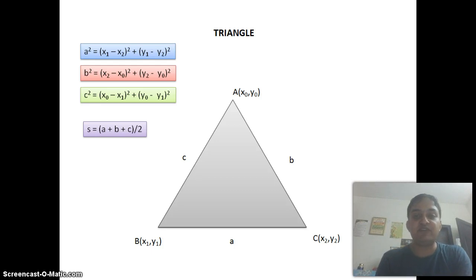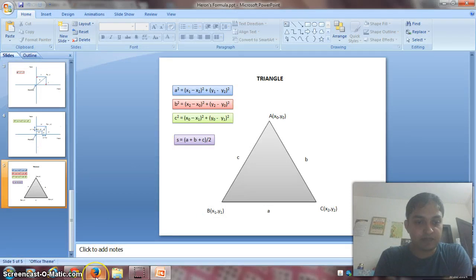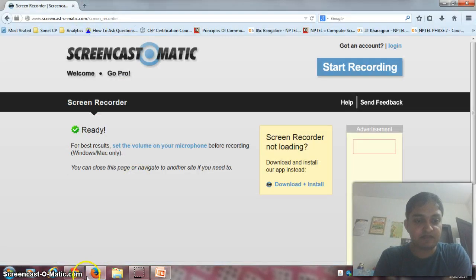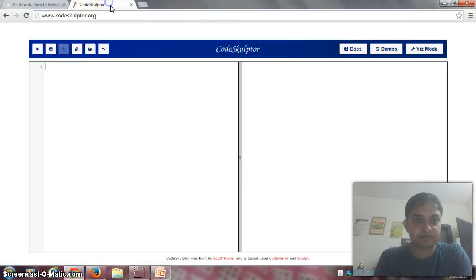Now let us move forward to the code. Now here, while writing the code, since I have seen that I require square root function, I will be importing math here.